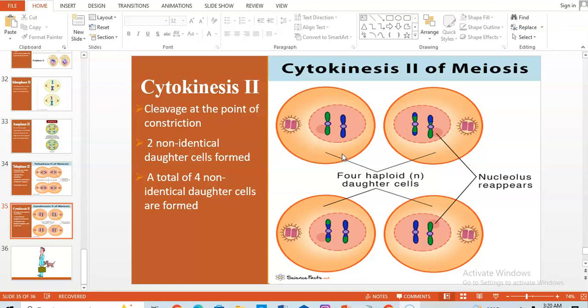The 4 cells have 23 single chromosomes. So in total you have 23 chromosomes. That's the haploid number of chromosomes as compared to the parent cell, which has the diploid number of chromosomes.